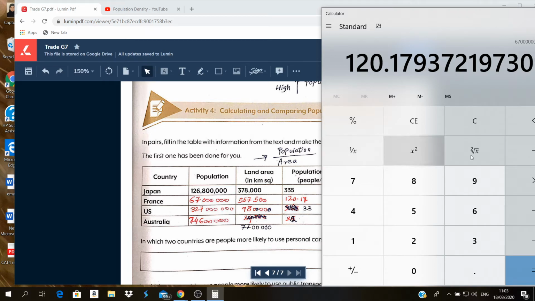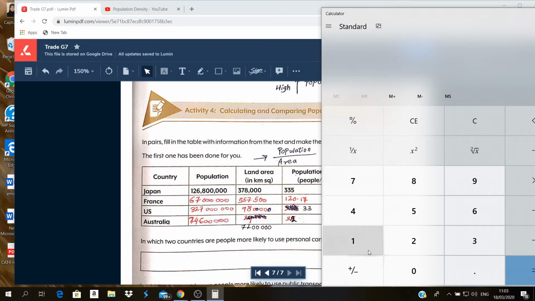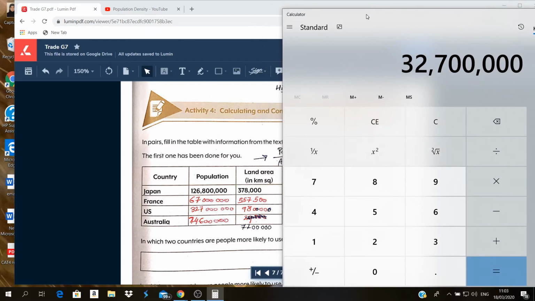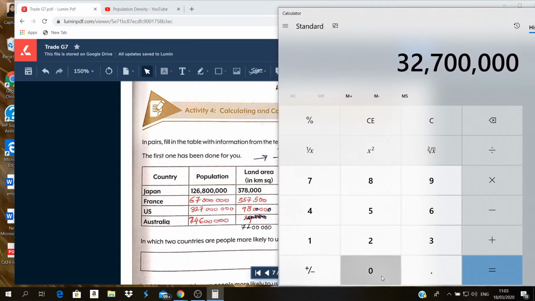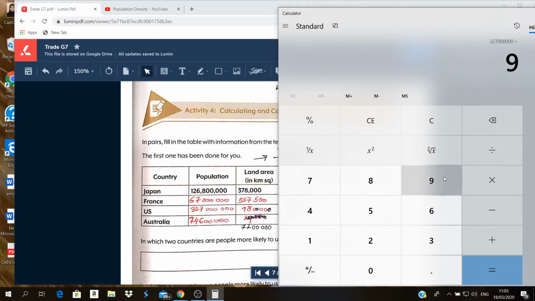Let's do the other one, which is the US. The population in the US was 327 million. It has 6 zeros. Is this 6 zeros? Divided by 9.8 million, so it has to have 5 zeros.